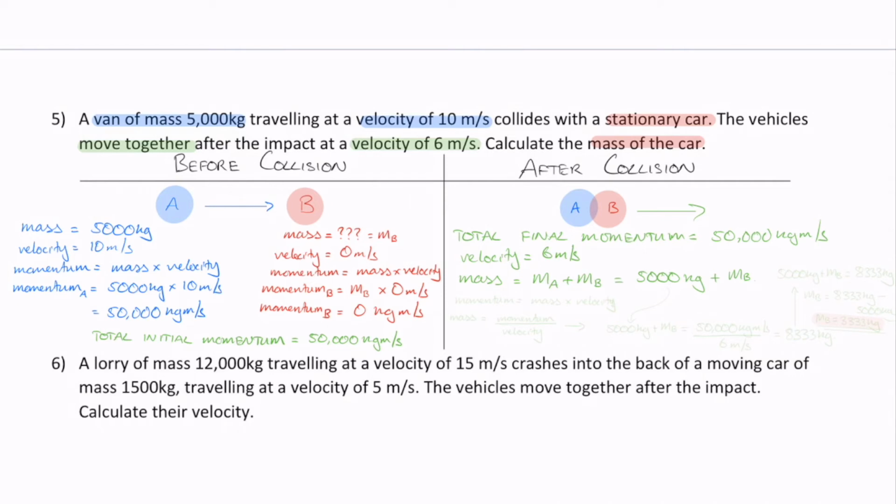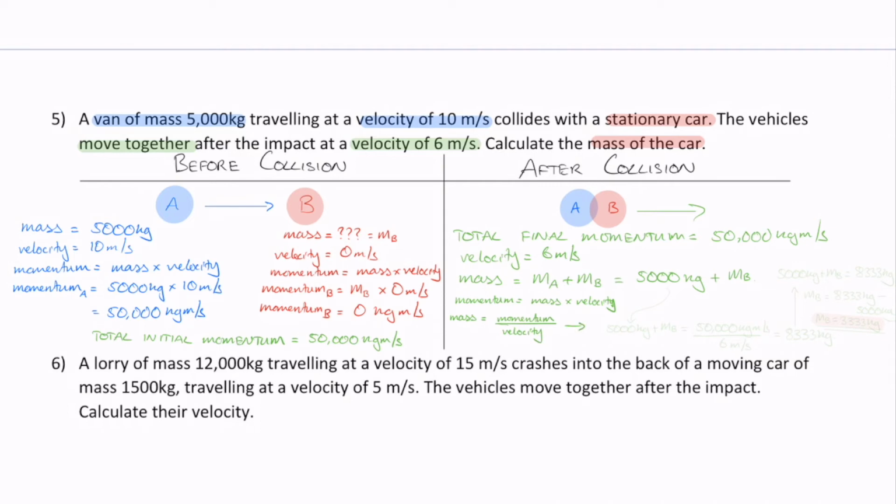Now let's write our momentum equation. So we know momentum and we know velocity. We're trying to find a component on mass. So if we rearrange this equation, we can find that mass is equal to momentum divided by velocity.